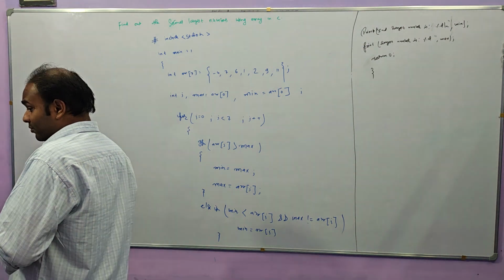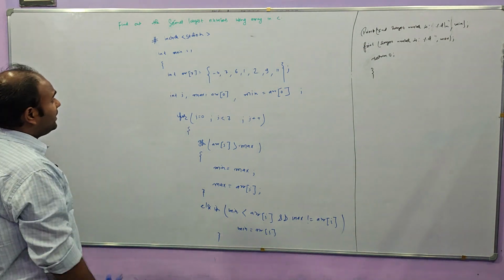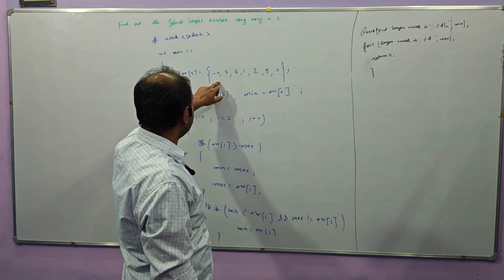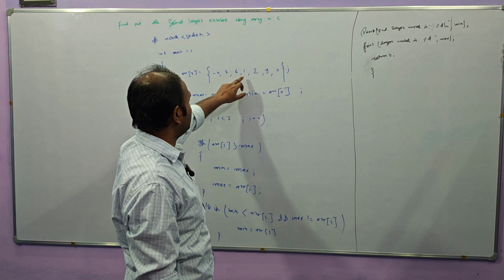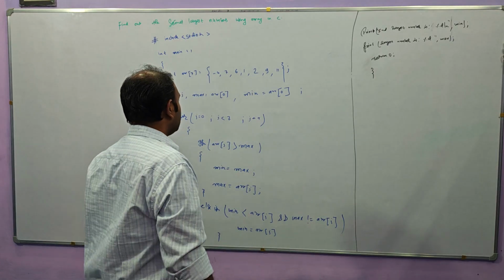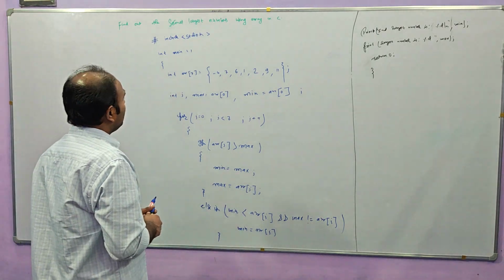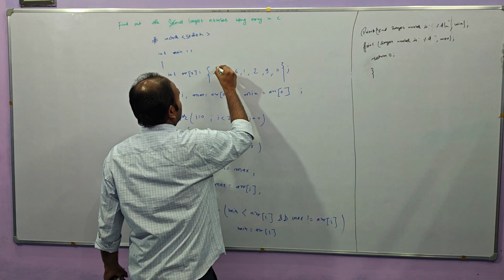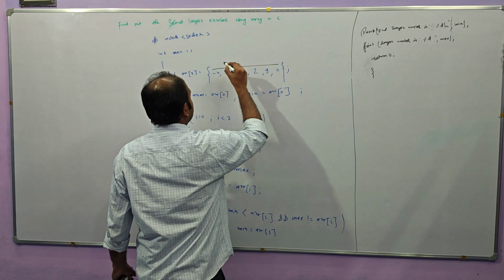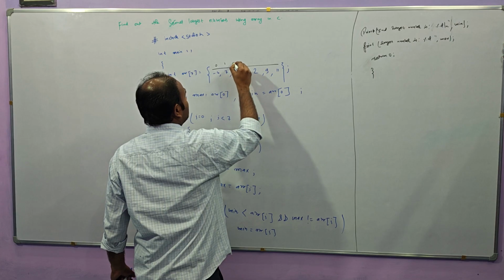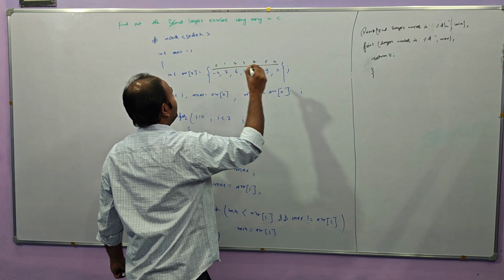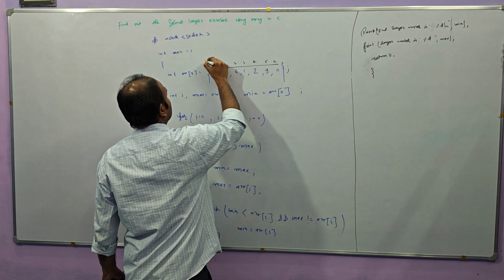Now we have an array of size 7 and the elements are -4, 7, 6, 1, 2, 9, 11, and the indices are 0, 1, 2, 3, 4, 5, 6.